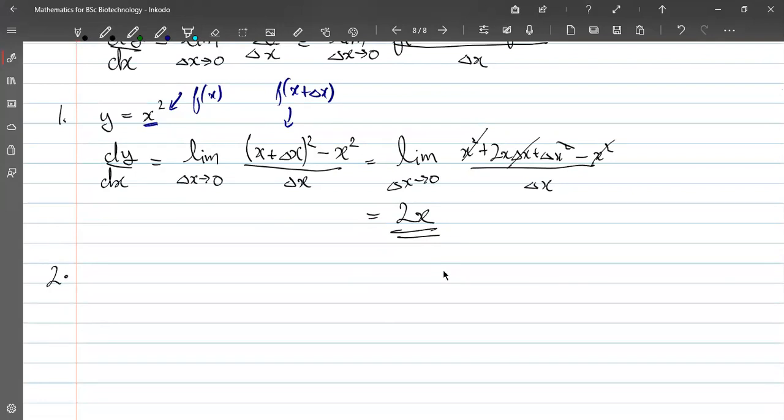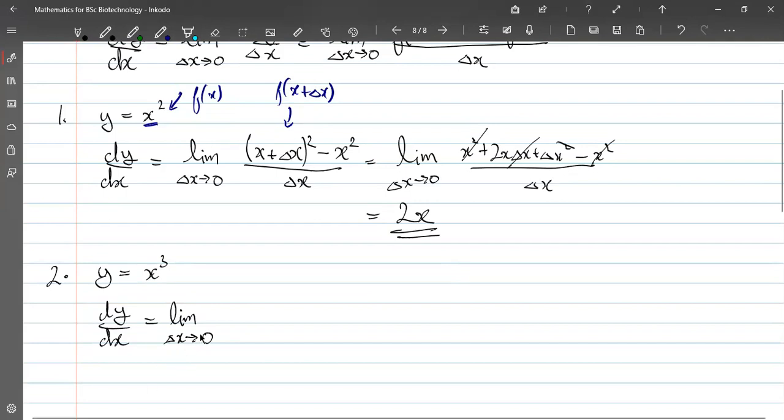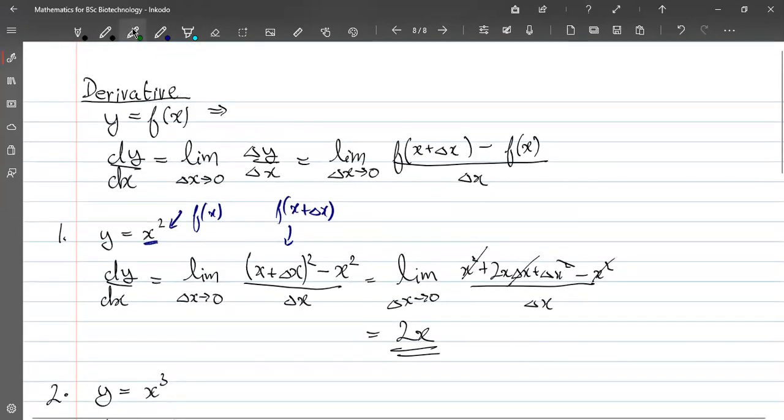So similarly, if y is equal to x cube, what is dy by dx? So same approach as before. Now, again, this delta x is just notation. So if it is more convenient for you, instead of delta x, you can take some other simple variable name like h.